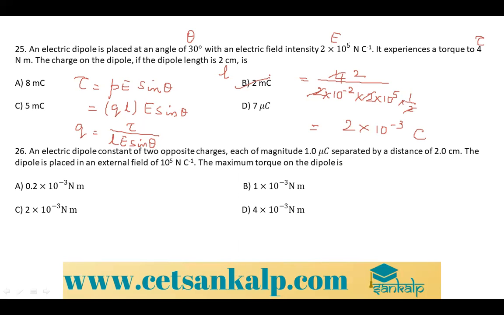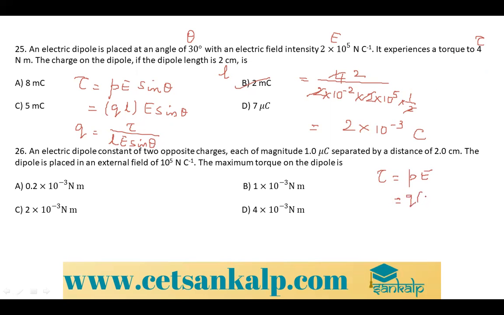The maximum torque on the dipole is. So you have the formula. Maximum torque means sin 90, correct? So the formula is tau is equal to PE.